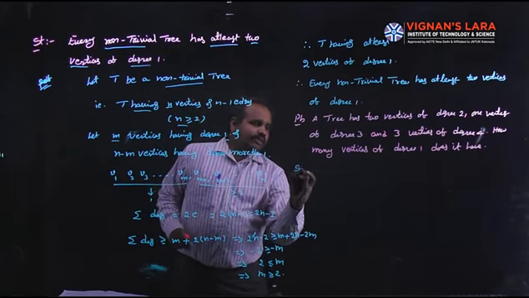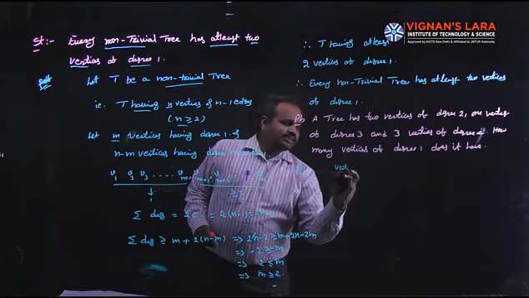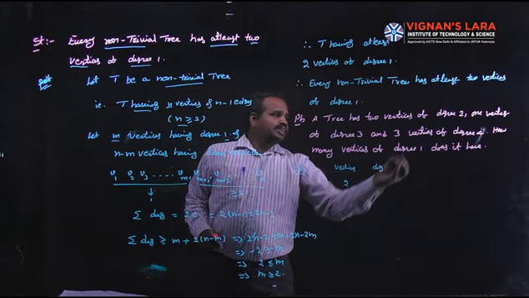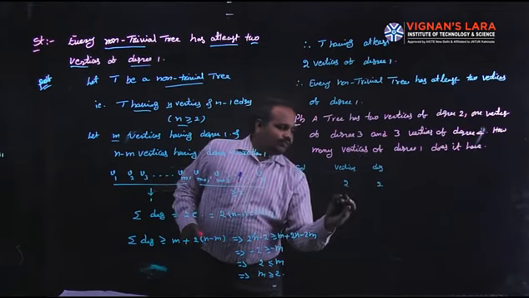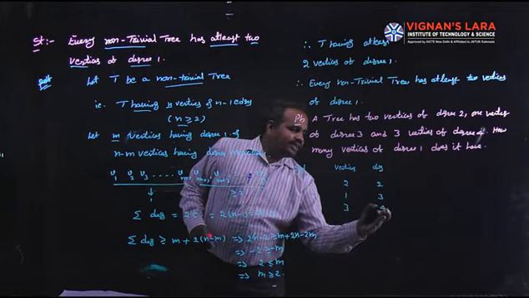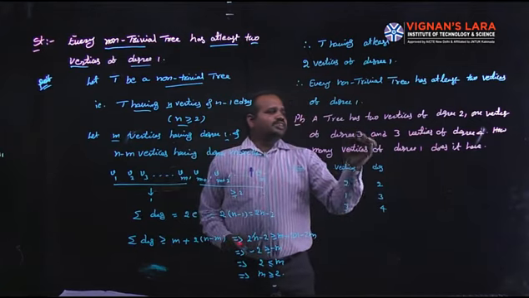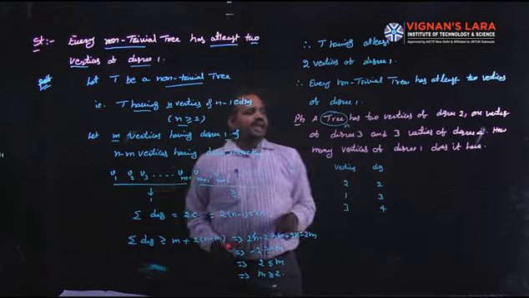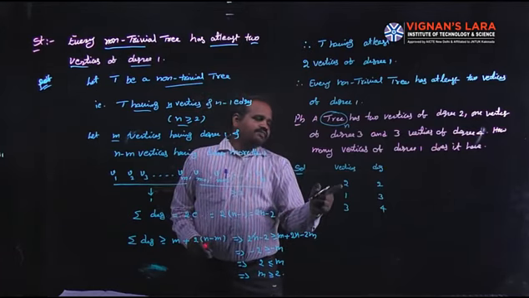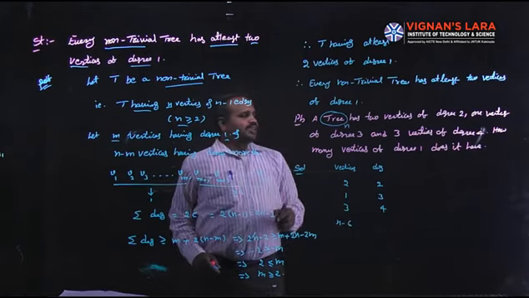Solution: see, this tree has two vertices, so these are the vertices and this is the degree. Two vertices having degree 2, one vertex having degree 3, and 3 vertices having degree 4. And how many vertices of degree 1 does it have? So first assume that this tree has n vertices. How many are completed? 3, 4, 2, 6. 6 vertices completed. What are the remaining? n minus 6.